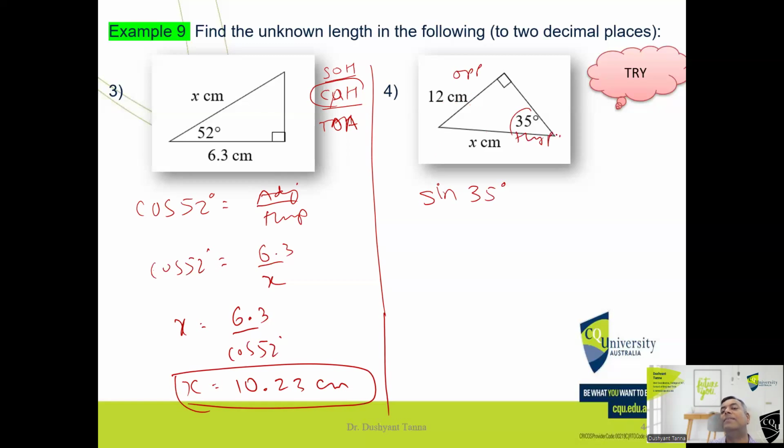We are given an angle. We are given the opposite side. We are given the hypotenuse. It has to be sine. I'm just writing the formula so you become used to it. You don't have to write the formula.